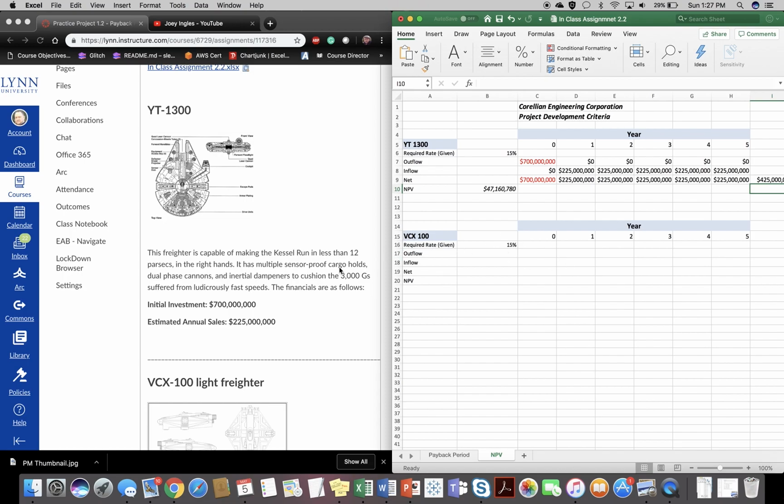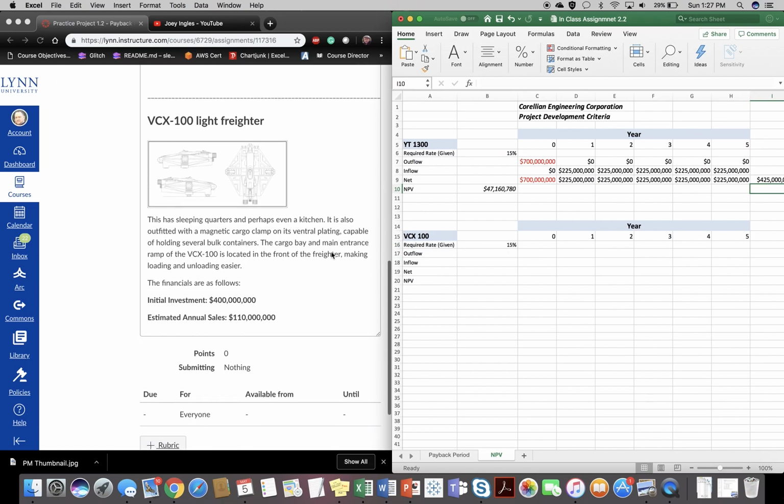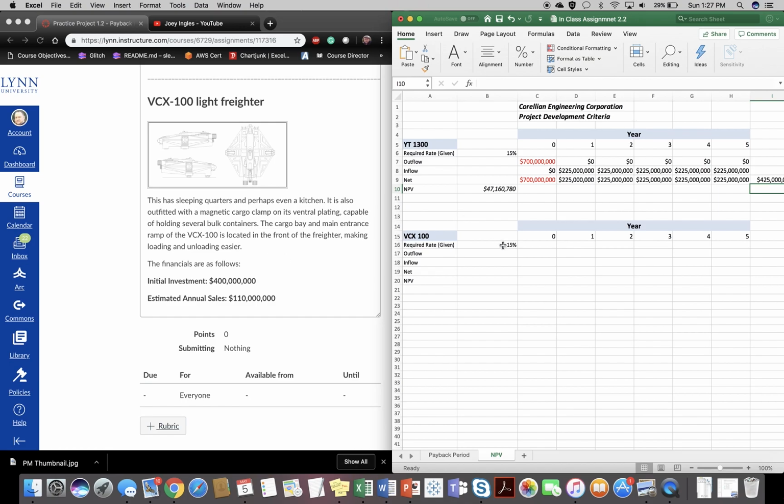We do it all over again for the VCX 100 using the 15%, the minus 400 million, and today we're going to make $0. In the future we'll make 0 outflow, but we're going to make a positive 110 million inflow.